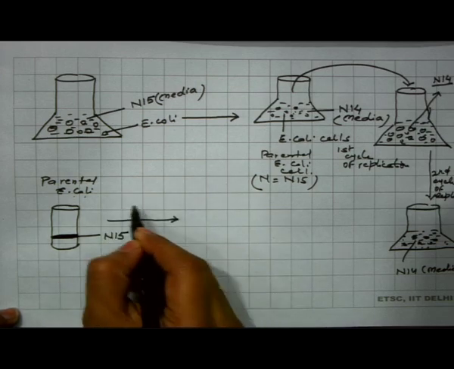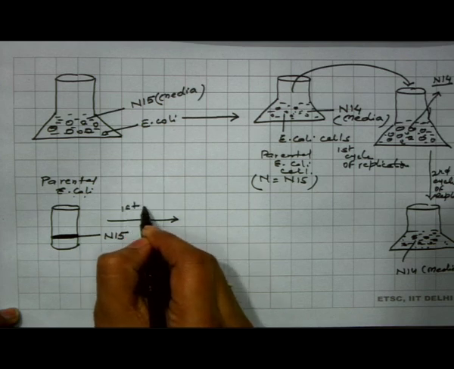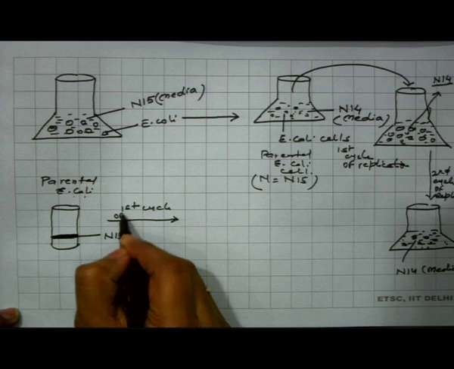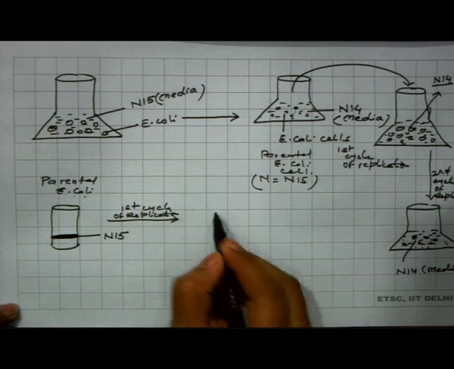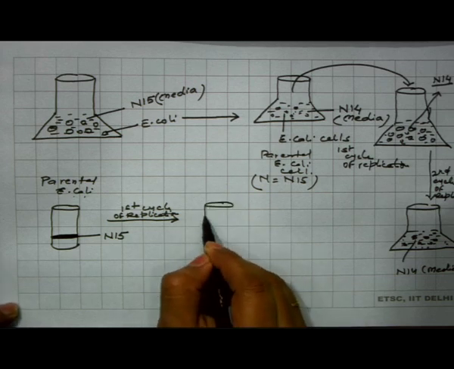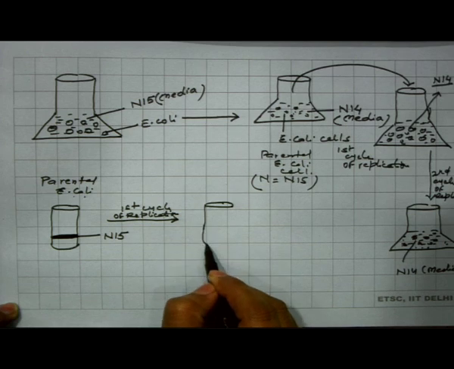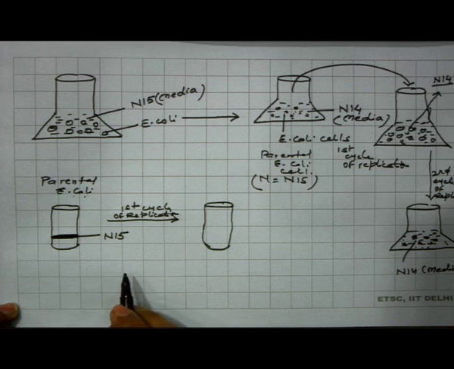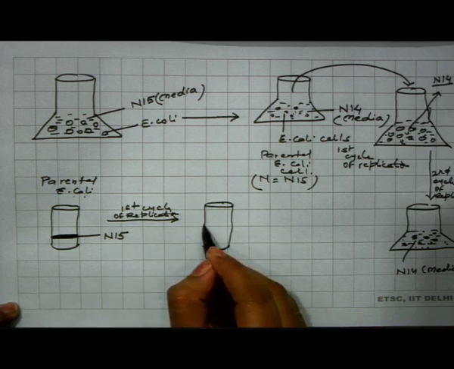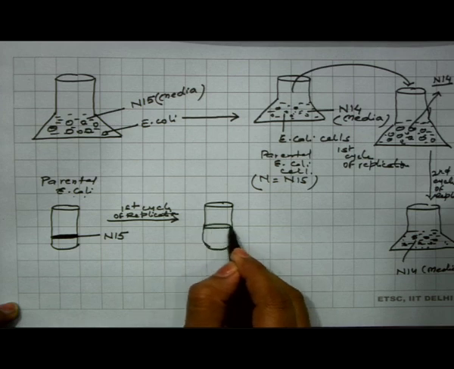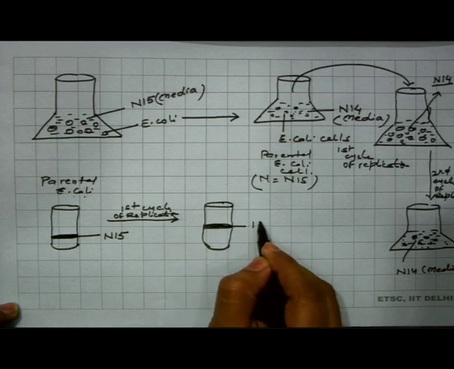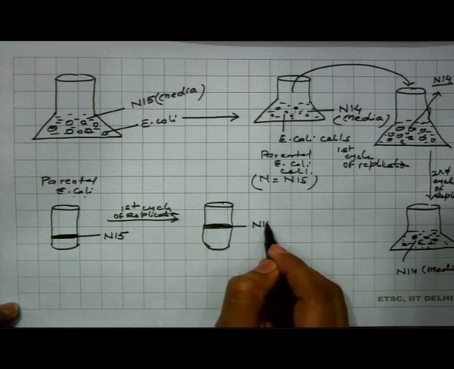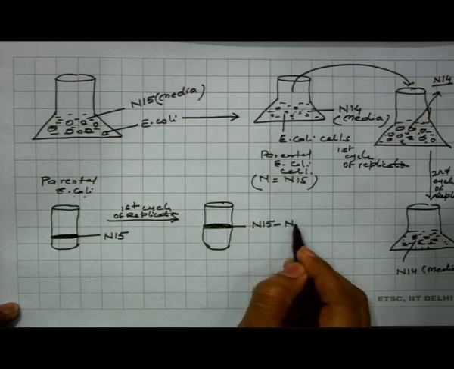After the first cycle of replication, when they isolated the DNA from the E. coli cells and separated the DNA on density gradient centrifugation, they found that there was again one band which corresponds to the density intermediate of N15 and N14.